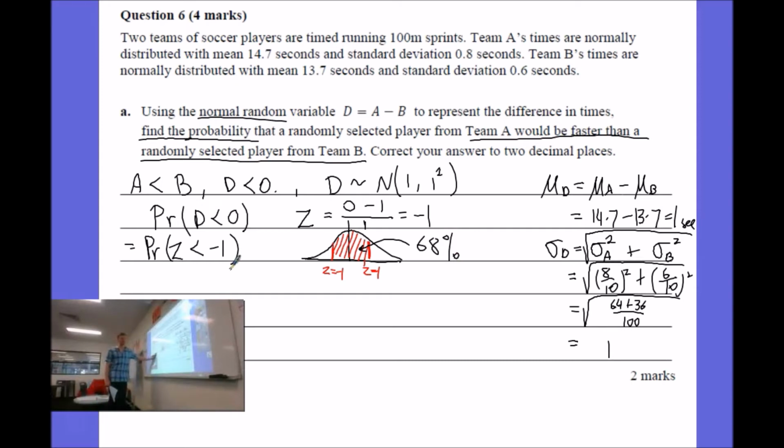All right, so we want less than -1, so that's this little section here. So that there is half of the complement of this red area, 68%. So the complement is 1 minus 0.68. There we go. We want to find half of it. Aha. And we get 16%. Okay? And there we have our approximation for our probability.